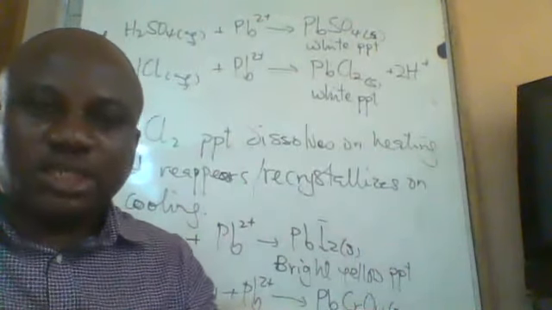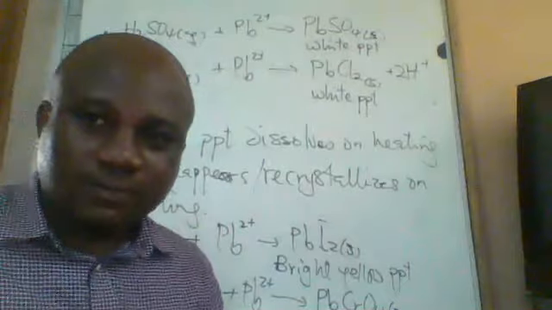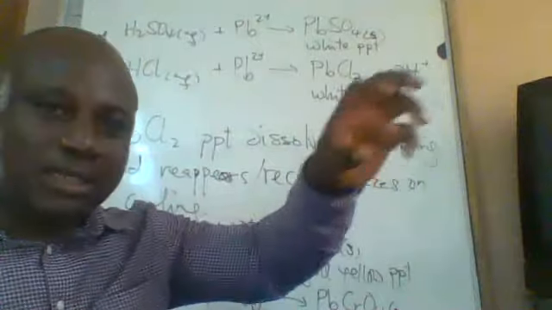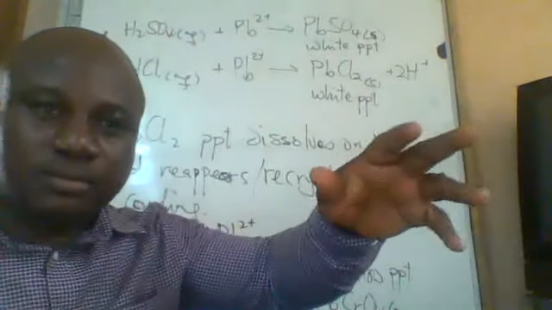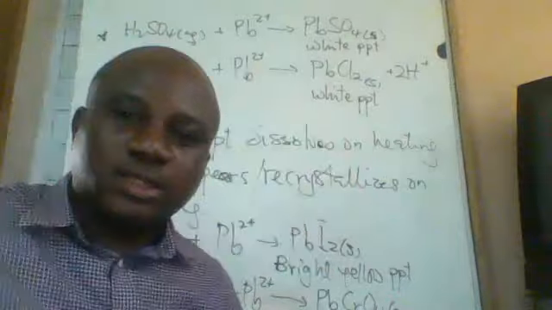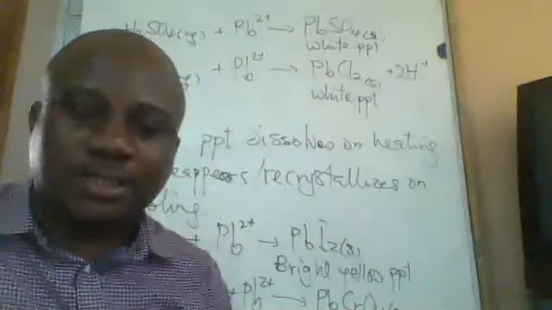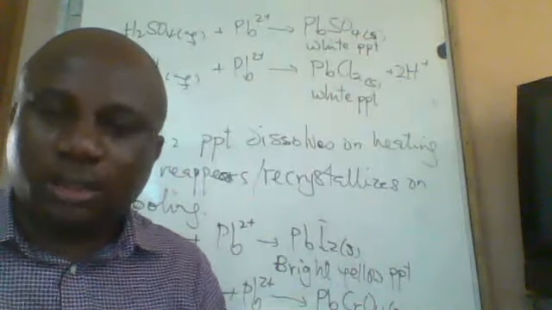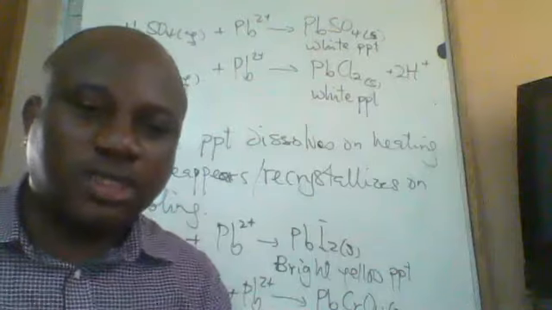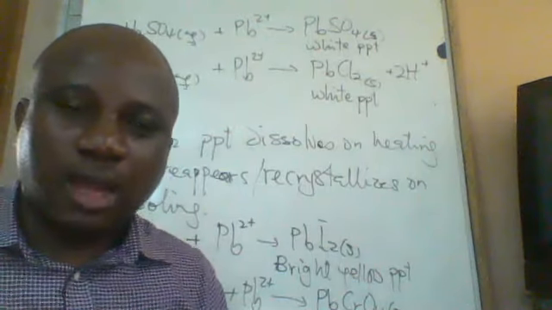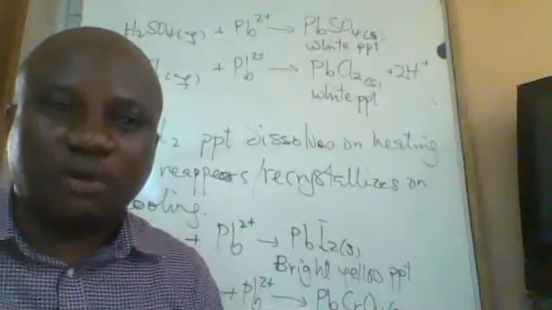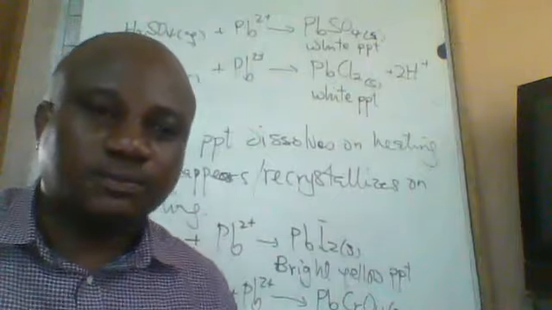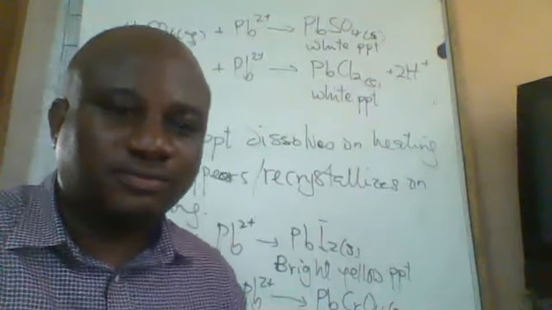Then based on the observation, you draw your conclusion or your inference. At the end of the day, they can put it in tabular form, and certain things will be left out, they'll create some gaps, and then you fill in the gaps. So I'll be giving you some examples for you to see. But for that one, you perform the practical.